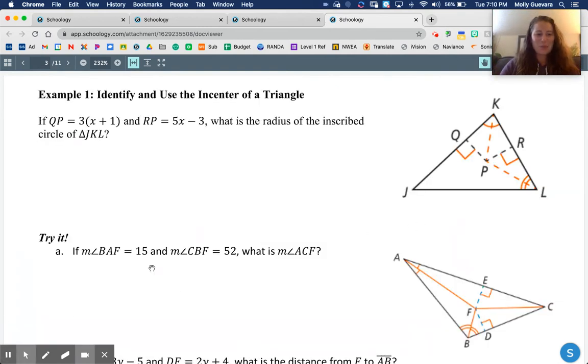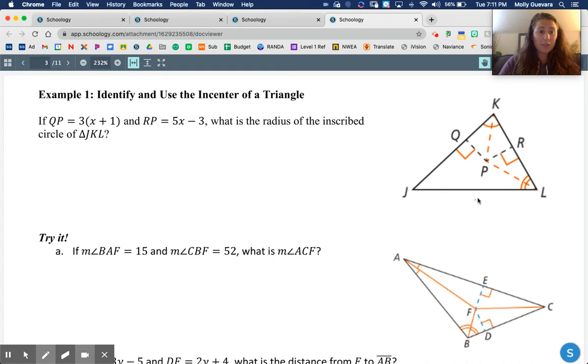All right, so we're back here at section 5.2, and we're going to look at these examples and see if we can work through and figure out how to solve them. Really it's just example 1 here. The best thing that you can do is to fill in all the information that you know.